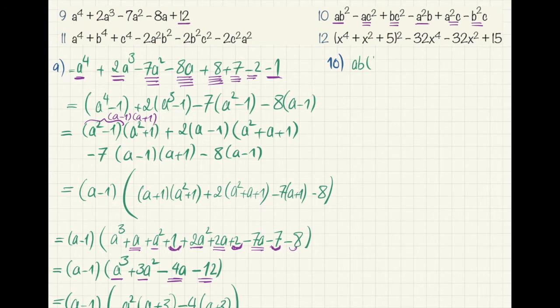The first one, from the first one, B is left, and from the second one, minus A is left. Between these two, I factor C squared out, then the same thing actually is left. That's B from the second one and minus A from the first one.